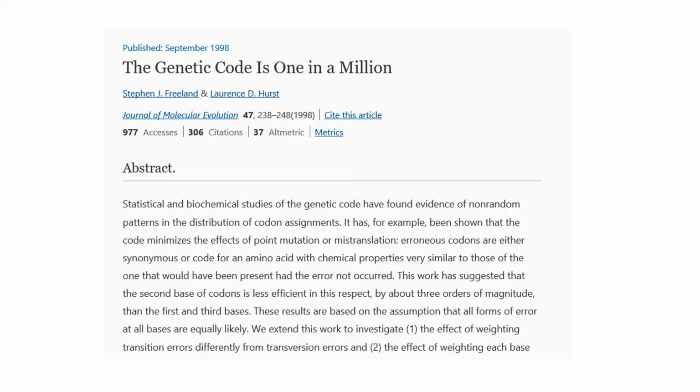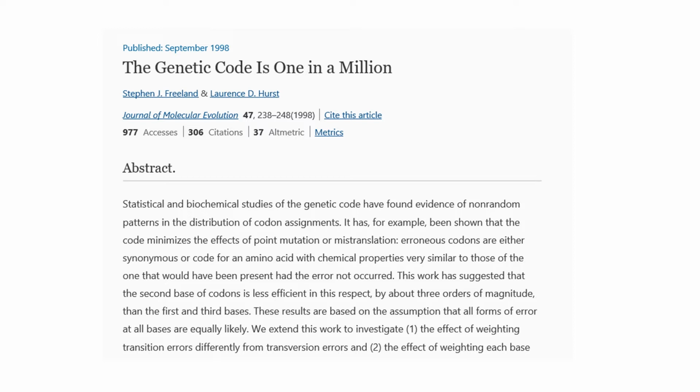Remember, all of these are mathematical simulations. One of the things they did, for example, was now take into account that not all point mutations are equally likely. The initial paper that we looked at assumed that all of the point mutations were equally probable.